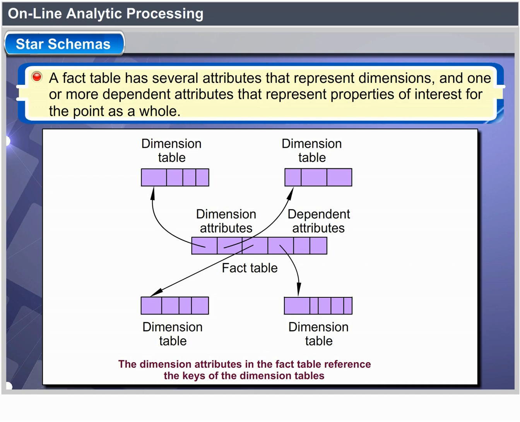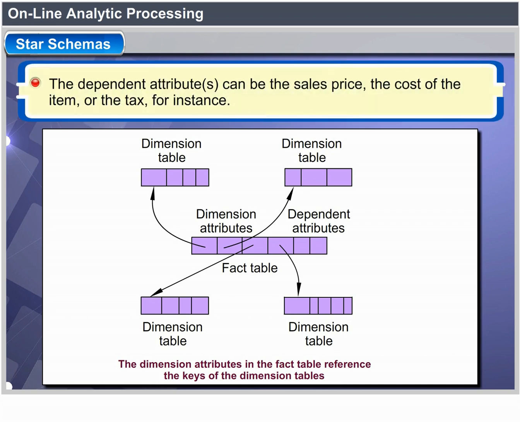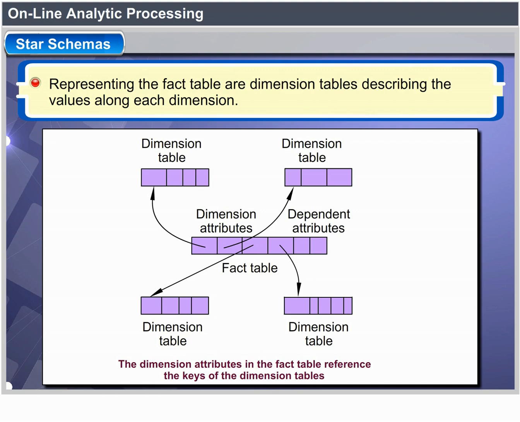For instance, dimensions for sales data might include the date of the sale, the place (store) of the sale, the type of item sold, the method of payment, for example cash or a credit card, and so on. The dependent attributes might be the sales price, the cost of the item, or the tax, for instance. Supplementing the fact table are dimension tables, describing the values along each dimension.